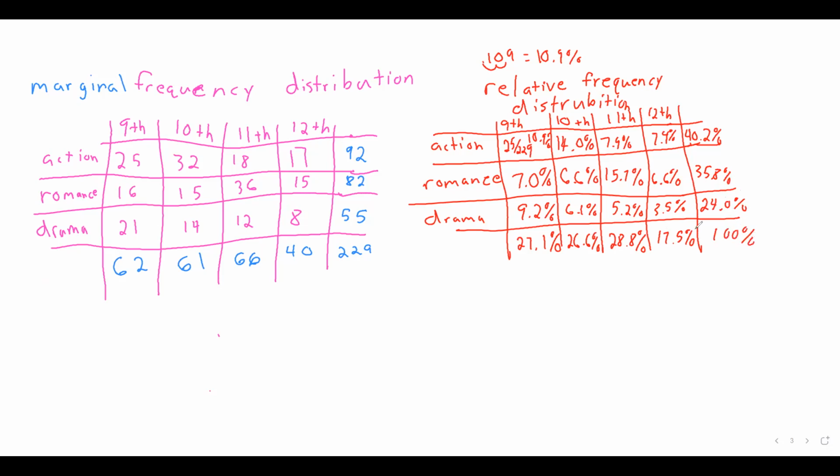If I add the percentages going across or going down the totals, I should get 100%.